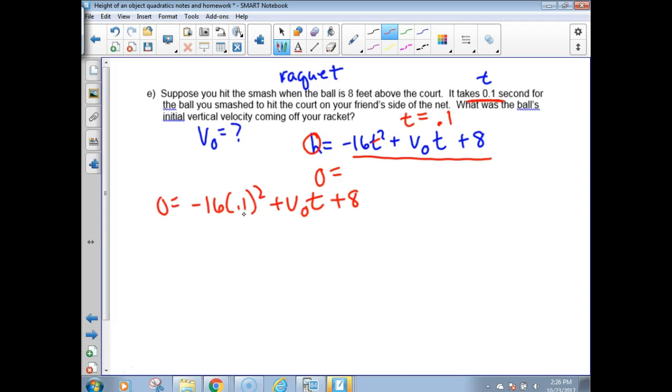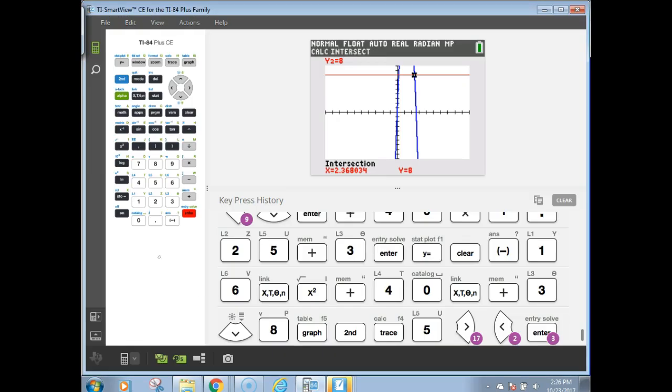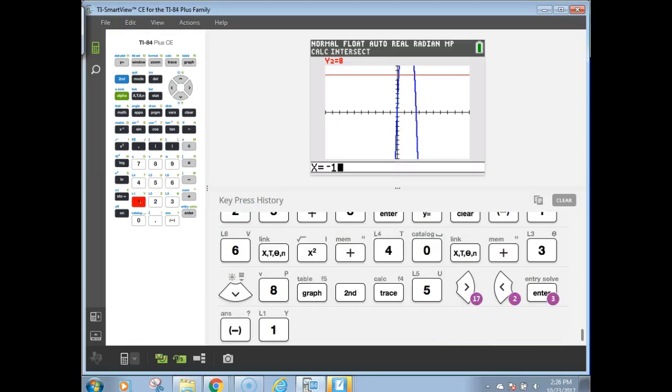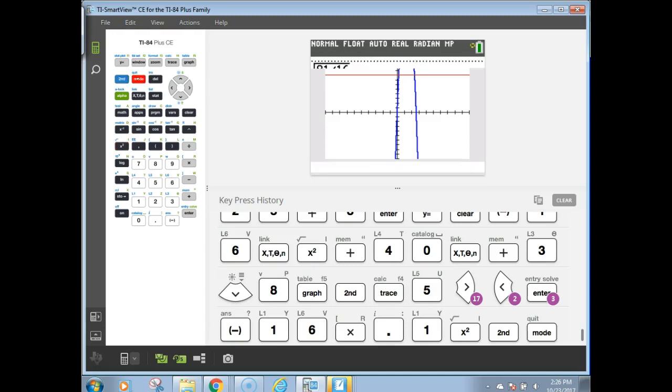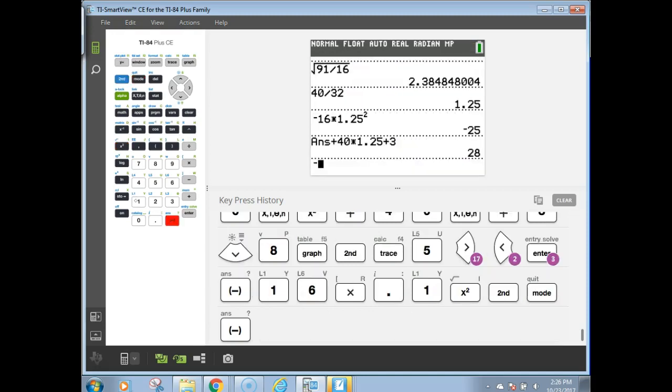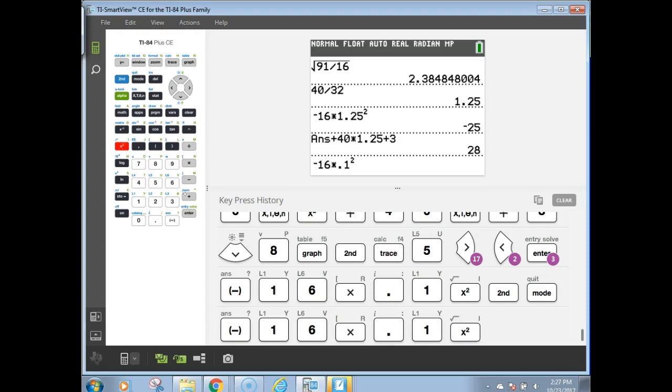All right, so we're going to need to calculate negative 16 times 0.1 squared plus 8. I hope you're calculating. This will not help to be calculating it when you're in the graphing mode. I was in the wrong place. What I have to add on to that, was it 8? Okay.